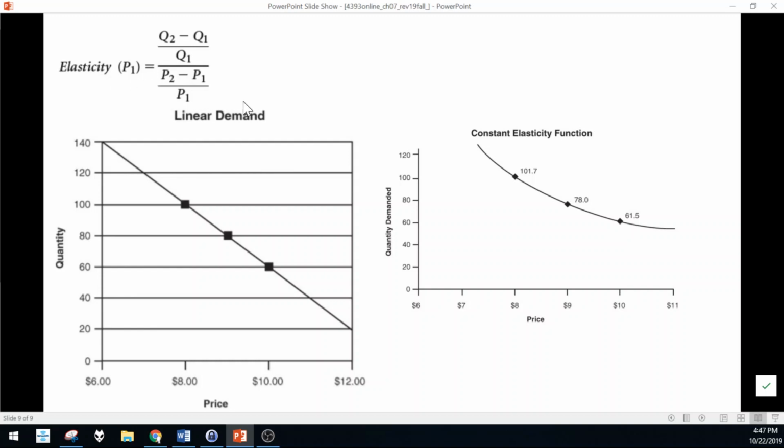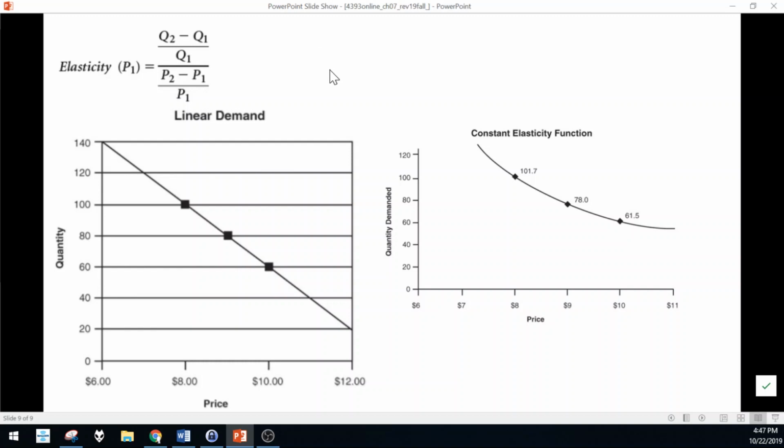If a price change significantly changes quantity demanded, that's going to be an elastic price. If change in price doesn't change quantity demanded that much, then you have an inelastic price or an inelastic good.